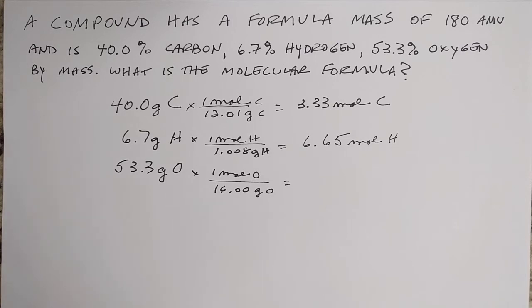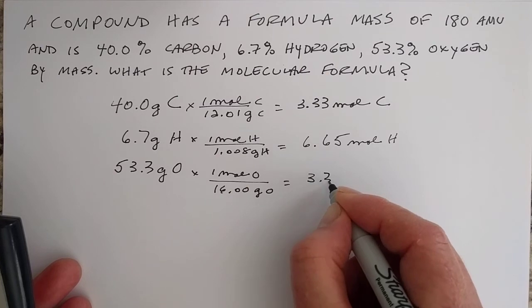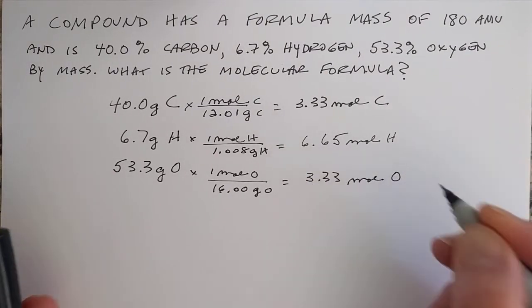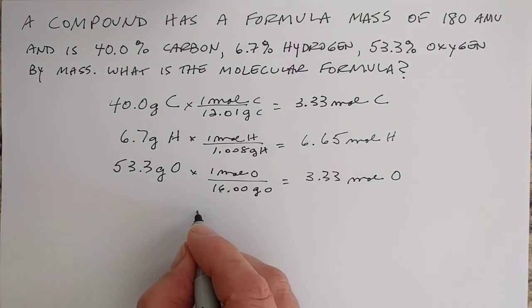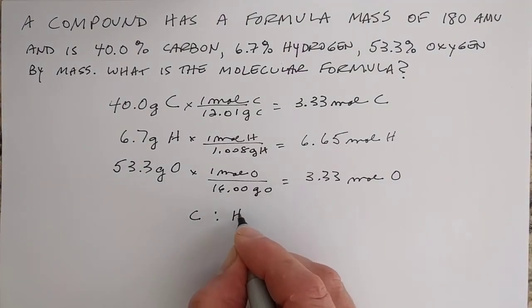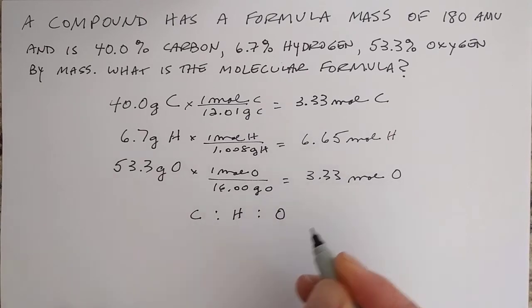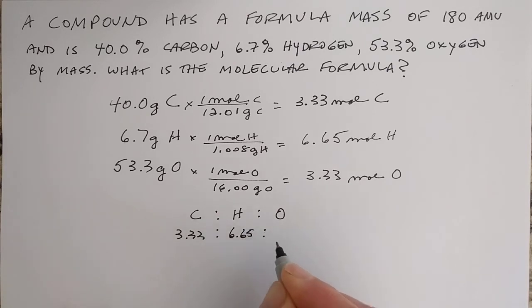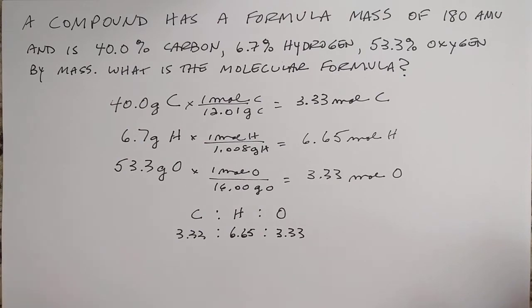53.3 divided by 16 equals, and we get 3.33 moles of oxygen. All right, so now we have our ratio of carbon to hydrogen to oxygen, 3.33 to 6.65 to 3.33. Okay, the next line in our poem, divide by small.